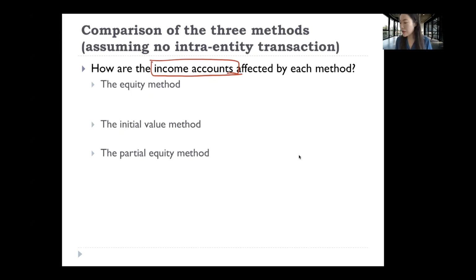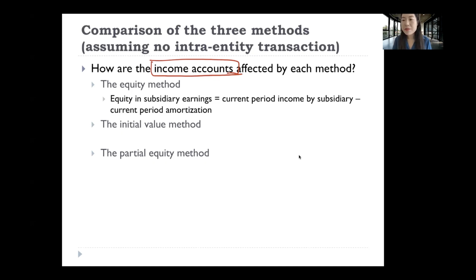So under the equity method, the income account that is going to be affected is called equity in subsidiary earnings, and it will be increased by the current period income of the subsidiary. So whenever the subsidiary reports income, we are going to credit equity in subsidiary earnings, and it is going to be decreased by the current period amortization of excess payment.